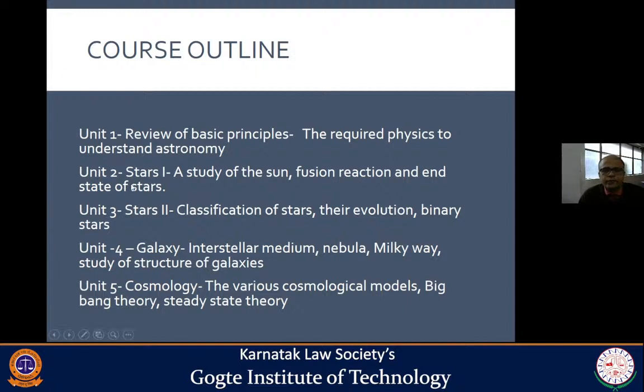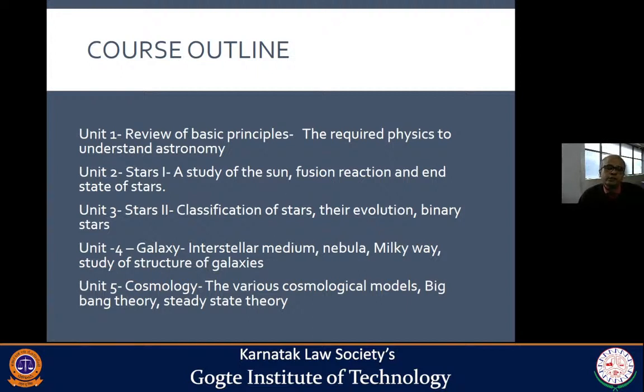In the second unit, we will basically study stars, because stars are a major part of the visible universe. The nearest star we have is the sun. So we'll look at the sun, how the fusion reactions take place inside it.